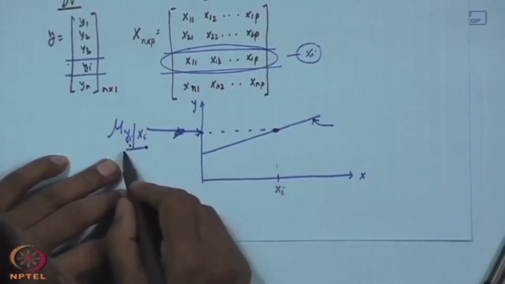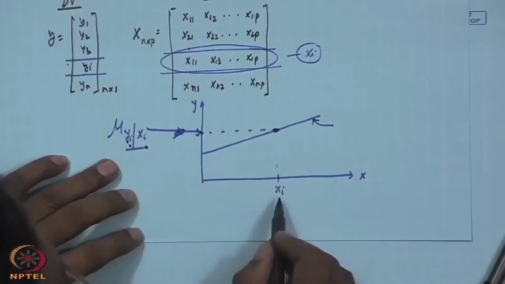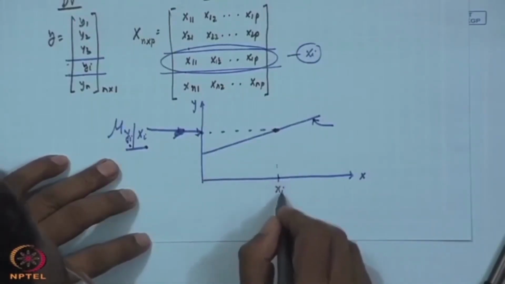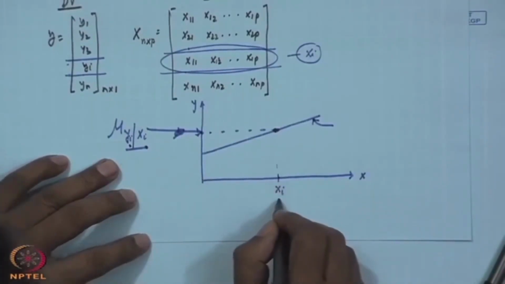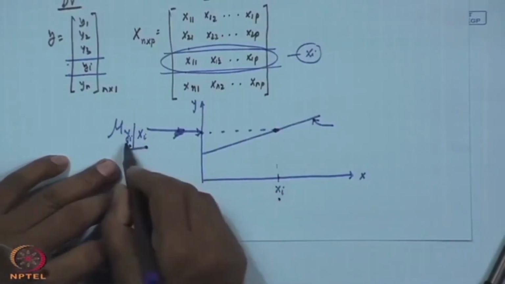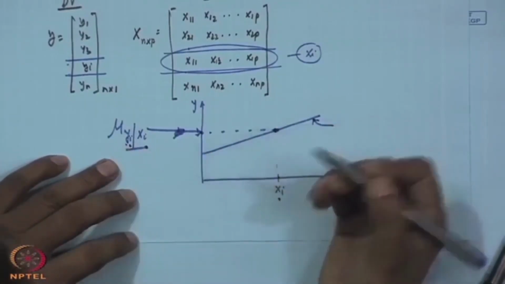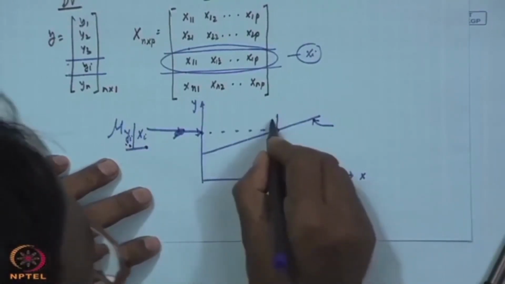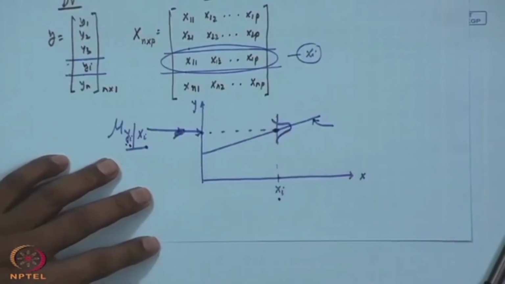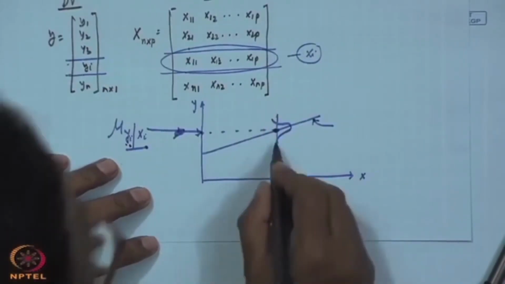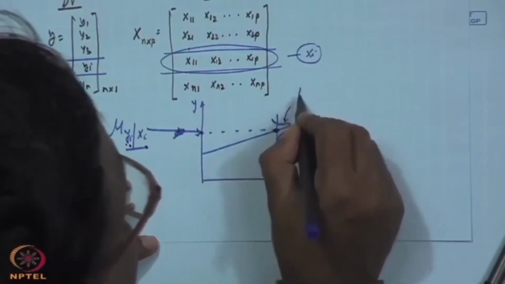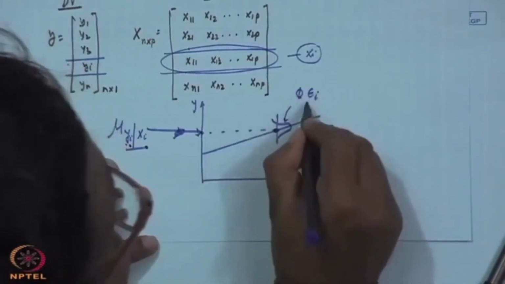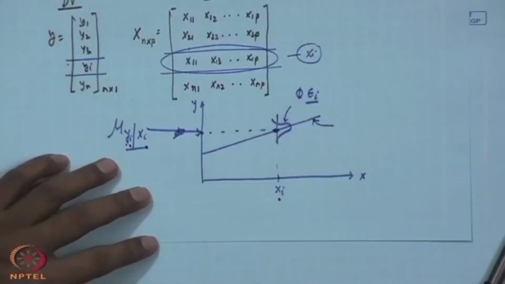Now, why are we talking about the mean value? The reason is, suppose you collect for the ith observation, if you collect one now, you will get some value here. If you collect tomorrow, the value may change. So, ultimately there will be one error part, and this is taken care of by the concept of error.